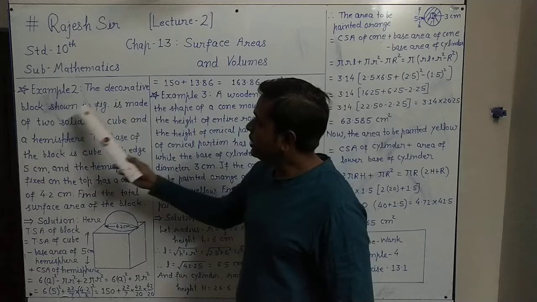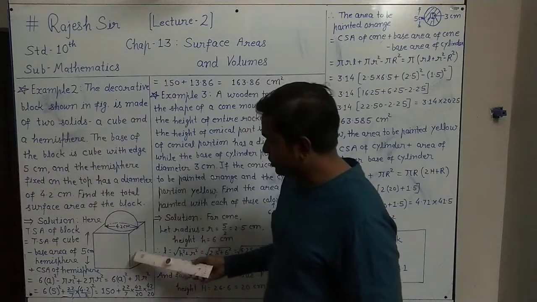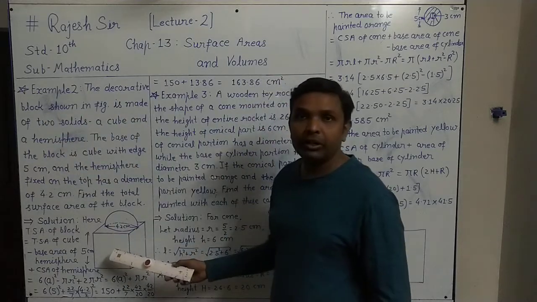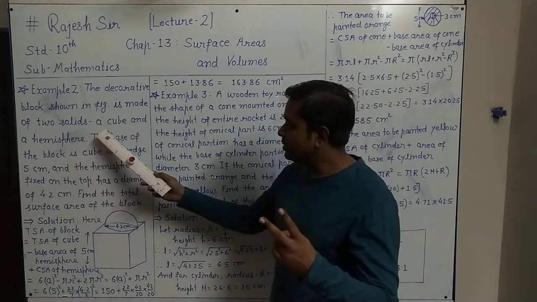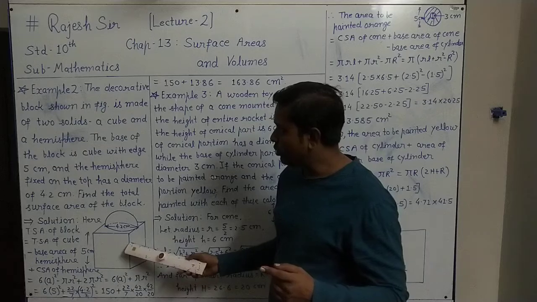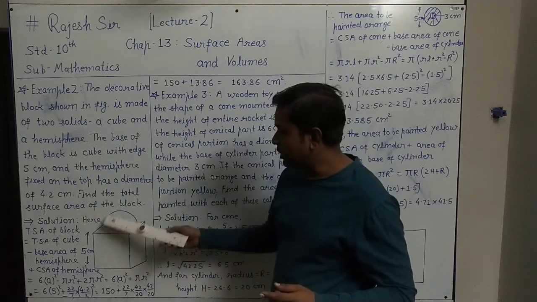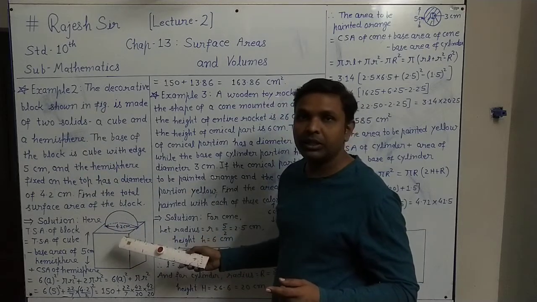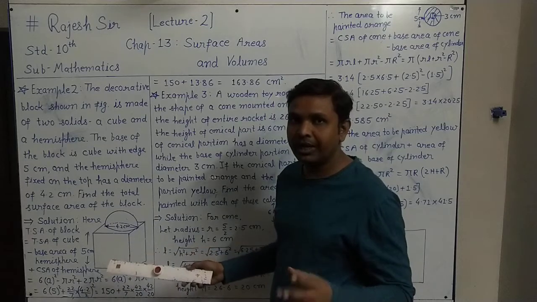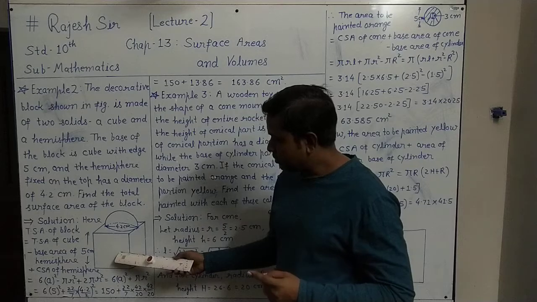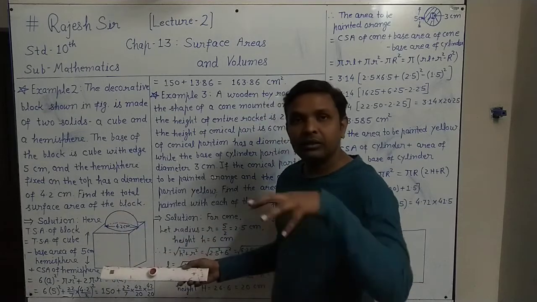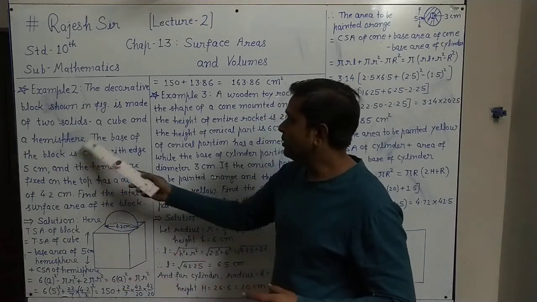So here the decorative block shown in the figure is made up of two solids, a cube on the lower side and a hemisphere on it. This way the decorative block has two solids: one is a cube-shaped block and above that a hemispherical block.